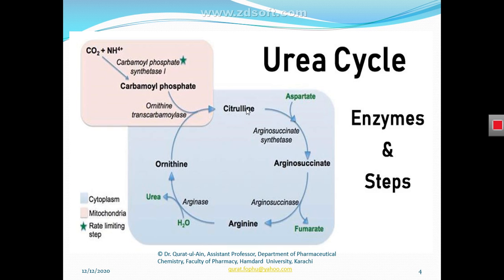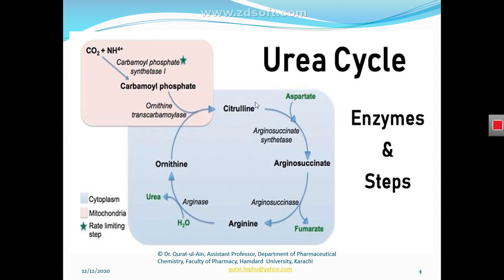Citrulline, with the help of the enzyme arginosuccinate synthetase, forms arginosuccinate. Again we have an enzyme whose name is synthetase. As we have already discussed, whenever we have a synthetase enzyme, it means the enzyme is combining or condensing two molecules together. What molecules are condensing here? Citrulline is condensing with aspartate.